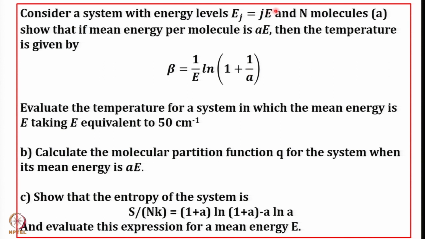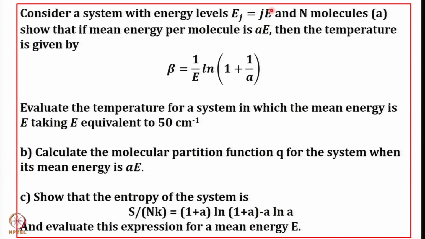The special point of attention in this numerical problem is that Ej is equal to J times E. That means when you put it in the expression for molecular partition function, then the molecular partition function becomes like a sum of a GP.